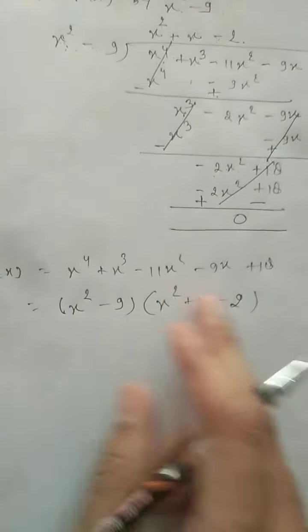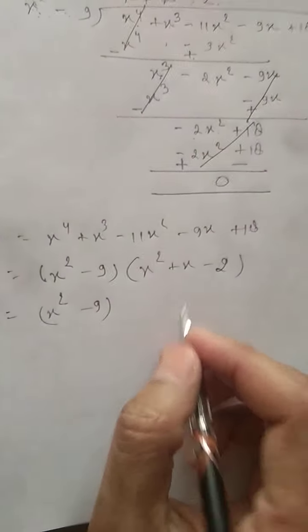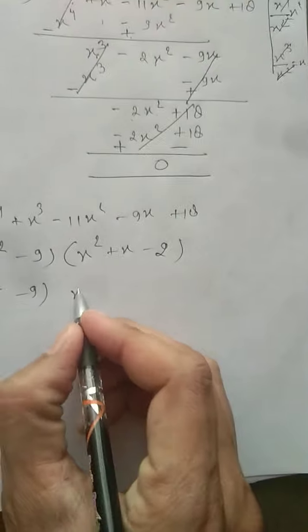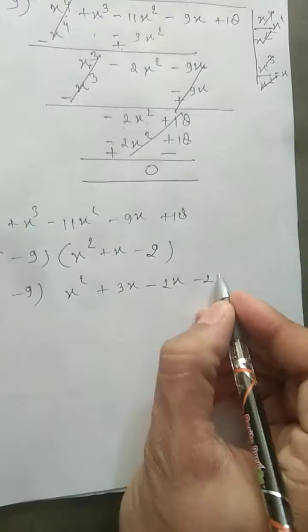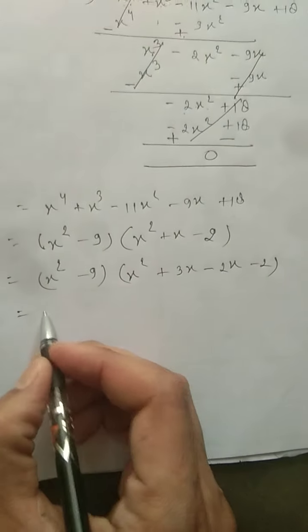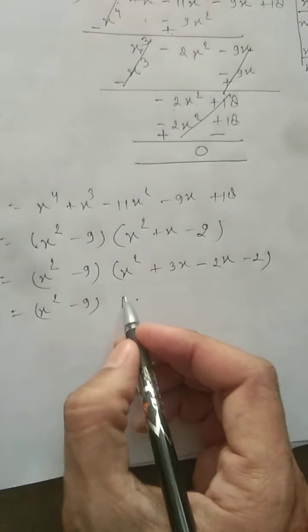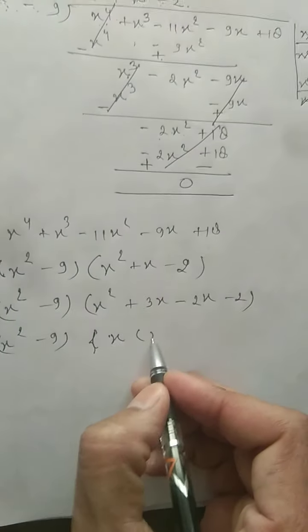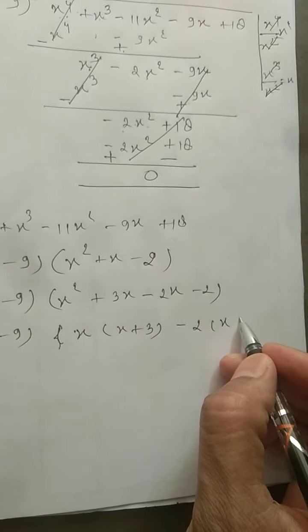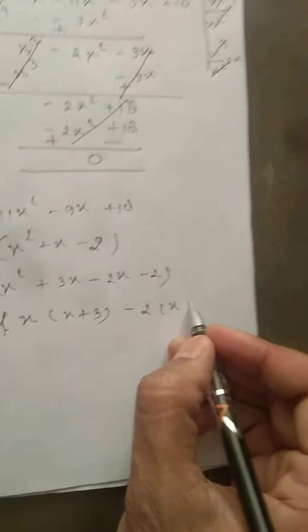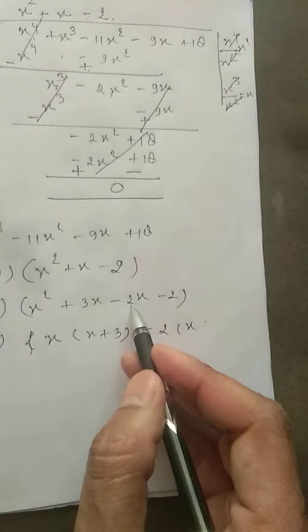This way I got two factors. Leave x square minus 9. We will split the other one: x square plus 3x minus 2x minus 2. Here x common, x plus 3, minus 2 common. Oh sorry, there is a mistake here: x square plus x minus 2, so split it as x square plus 2x minus x minus 2.